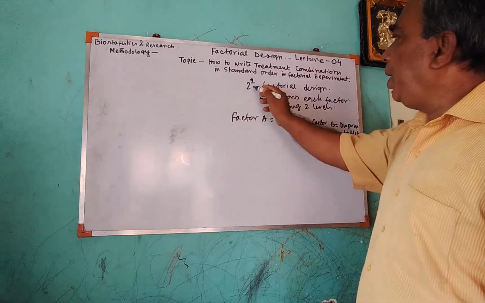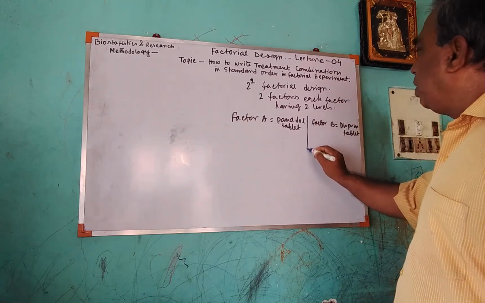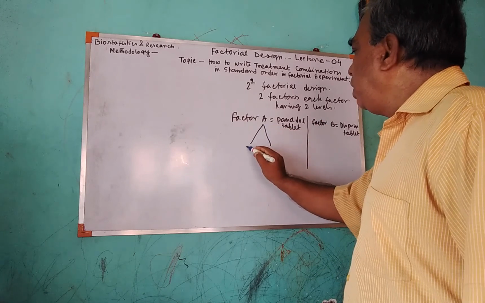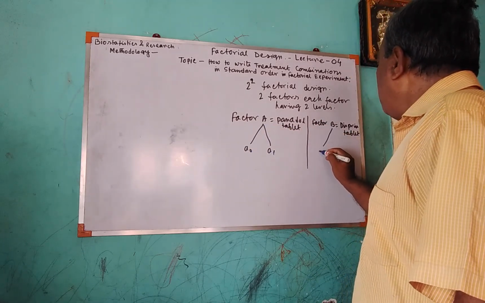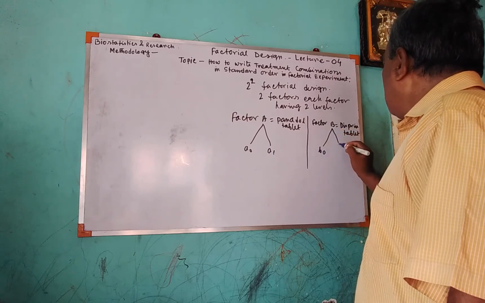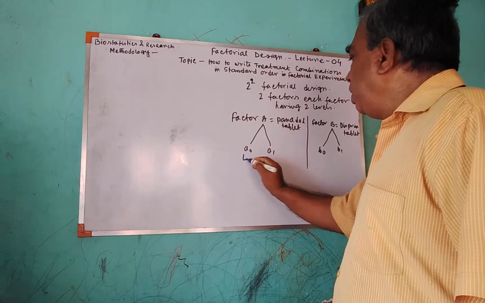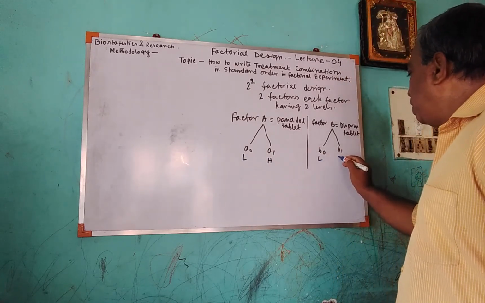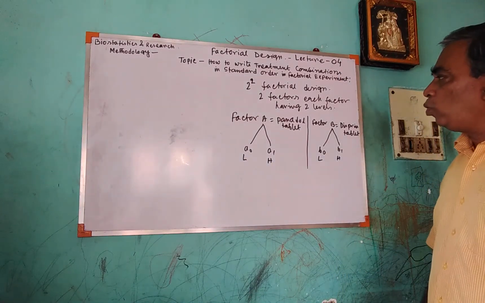So in a 2 square factorial design there are two factors, factor A and factor B. Factor A has two levels, A0 and A1. Factor B has two levels, B0 and B1. A0 and B0 are known as the lower level, and A1 and B1 are known as the higher level. So each factor has two levels.